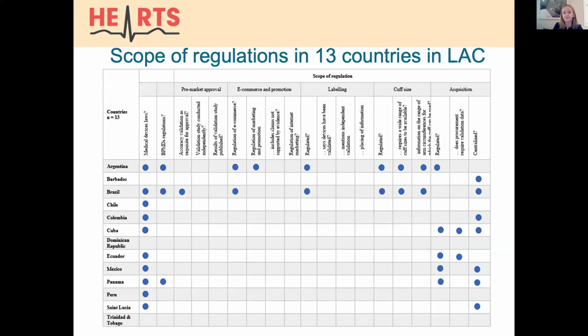They can have what's called fichas técnicas, which specify some of the characteristics, but for most of them validation is not a part. So what you can see is that the market in Latin America and the Caribbean is not regulated, and importers and distributors are allowed to register, advertise, and sell devices that are not validated and therefore not accurate.